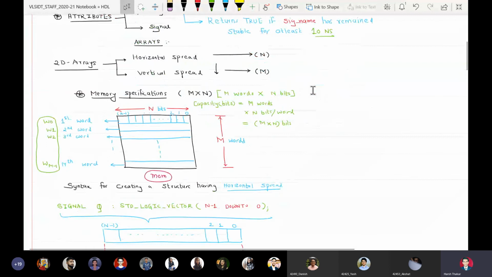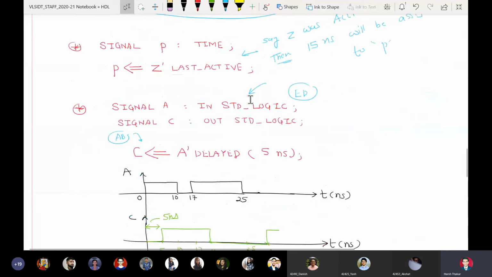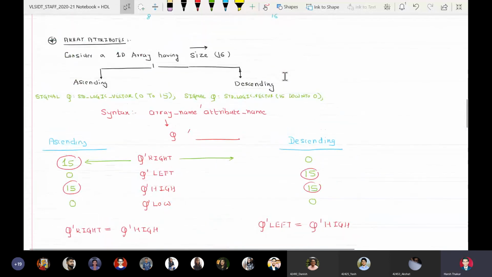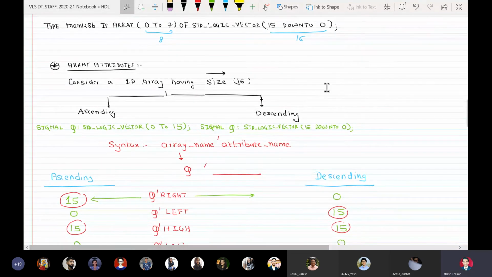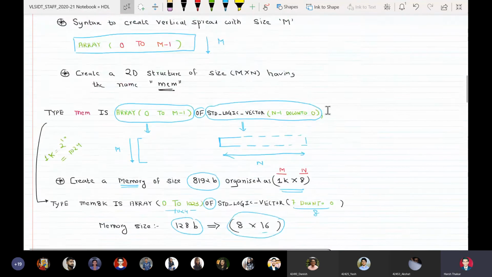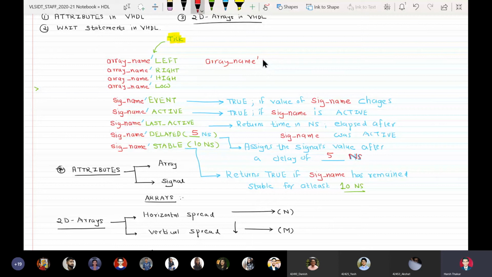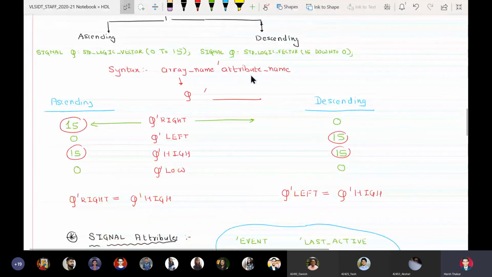Yeah, one more attribute which I forgot about in array attributes is length.